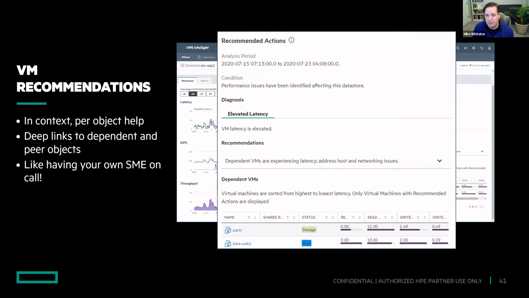So it could be on the same data store, it could be on the same host, and it's going to try to stack rank those as well by the level of effect this noisy neighbor is having. So again, really, really powerful information to be able to get to very, very quickly.